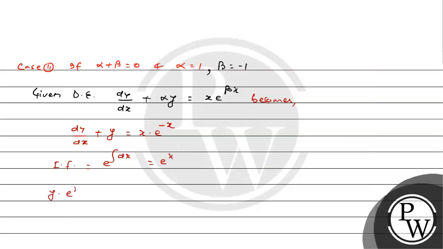For the solution, y into e to the power x equal to integral of x e to the power minus x into e to the power x dx plus c, and now the differential equation becomes y into e to the power x equal to x squared by 2 plus c, and y becomes x squared by 2 e to the power minus x plus c e to the power minus x.